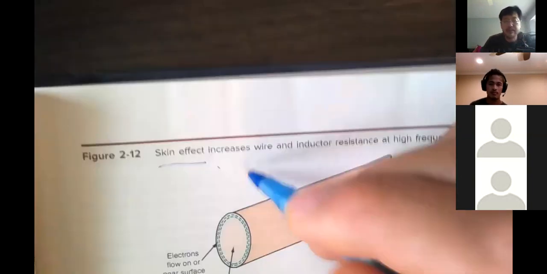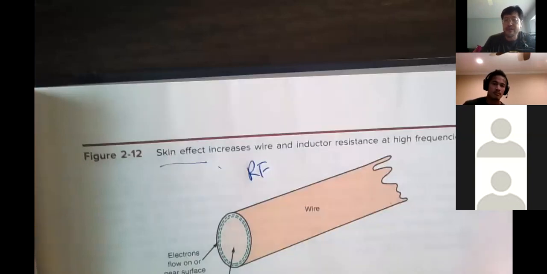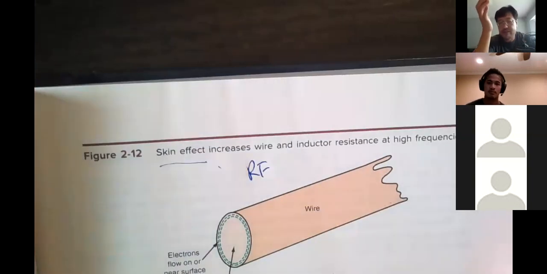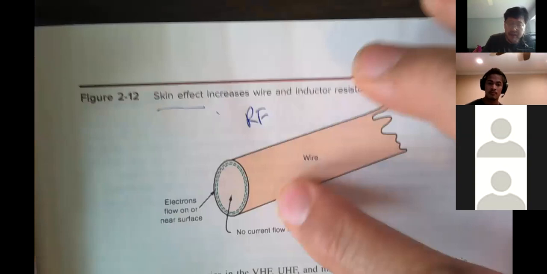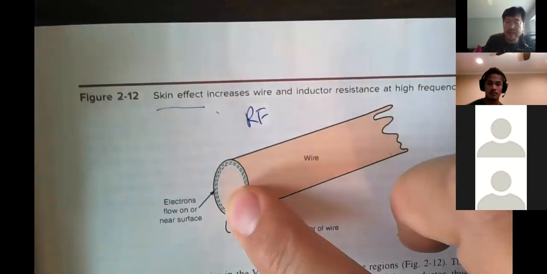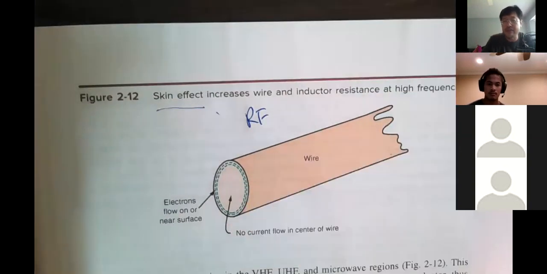What is RF? Radio frequencies. That's the radio signals. Unfortunately, for RF signals, almost all the RF signals travel at the surface of the conductor, not inside, only in the surface area. That's physics again.